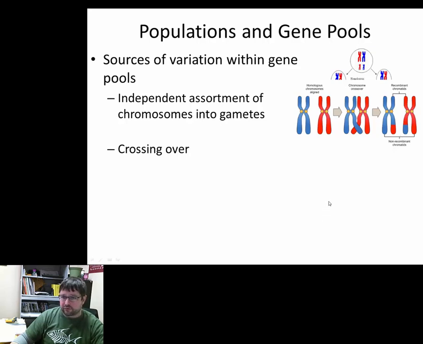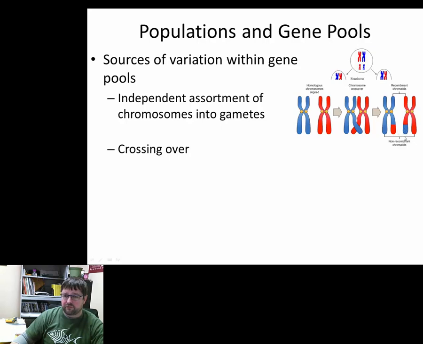Does that mean every one of your chromosomes is going to exchange material? Nope. Does that mean that none of them are going to exchange material? It's possible. That's what makes crossing over so interesting: we don't know how much is going to cross over, and we don't know where.